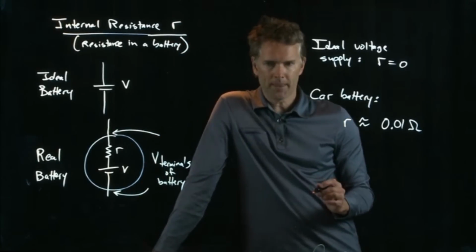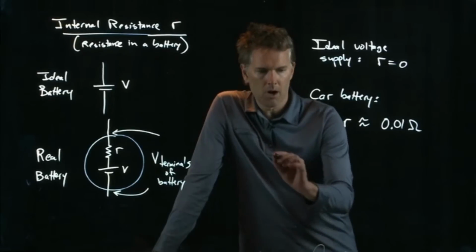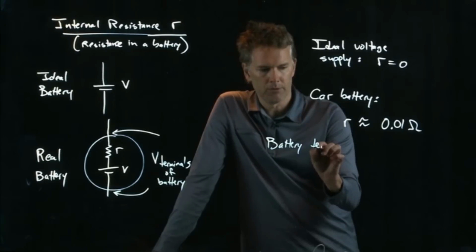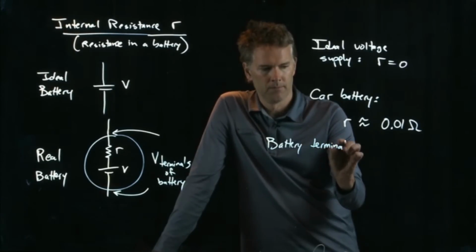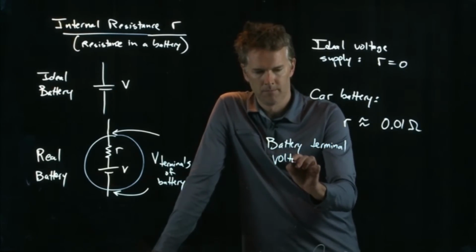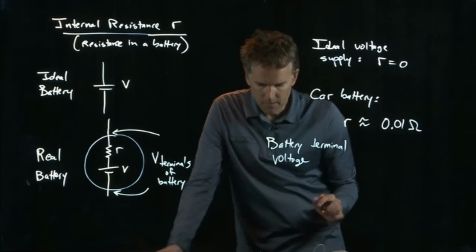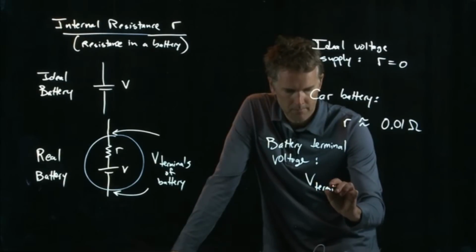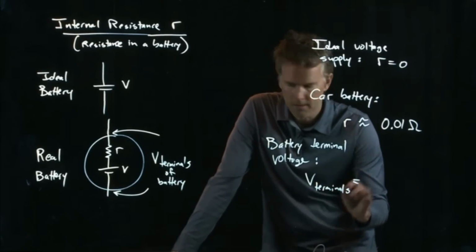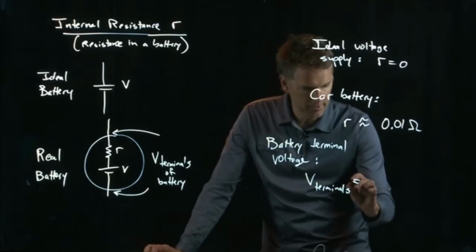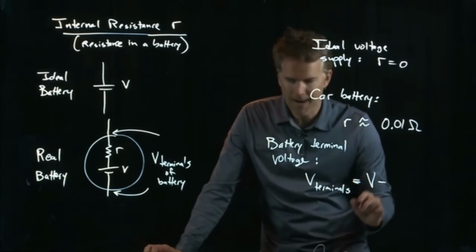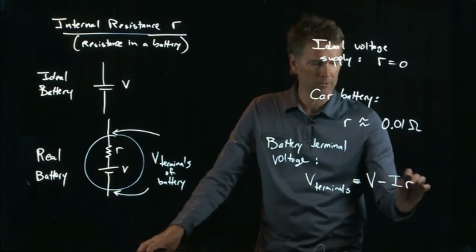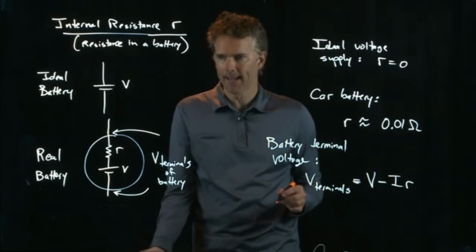So, we know what that is because we know what Ohm's law says. The battery terminal voltage is going to be the following. It's this ideal V minus the voltage drop across the resistor, and Ohm's law tells us that it is I times r.